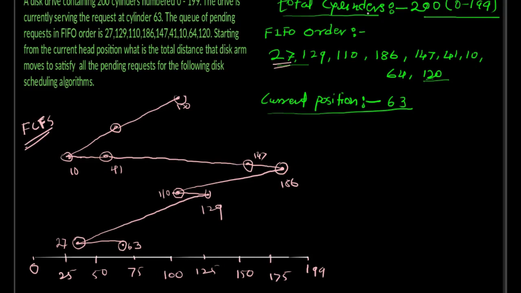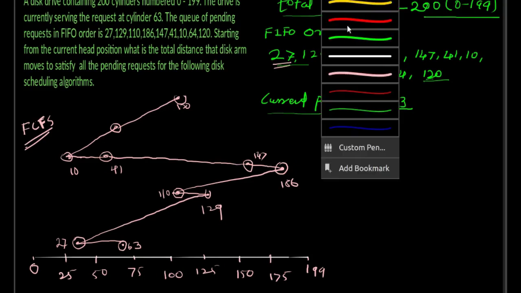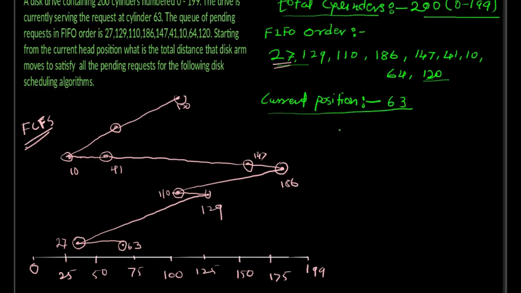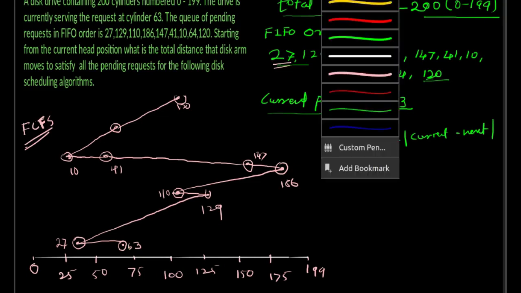So how will the distance get calculated? Distance is the absolute difference between the current position and the next request. Let us write the distances here.